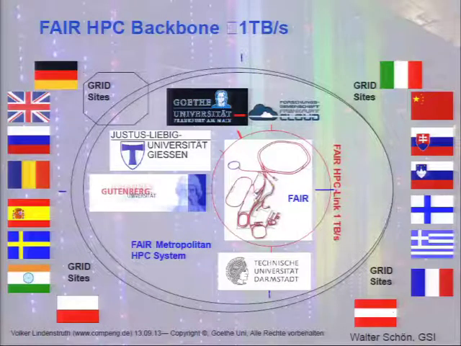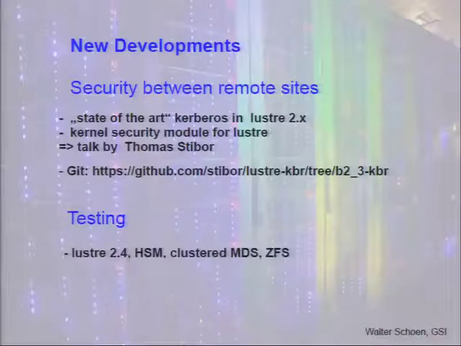And what we want to achieve in the near future is a metropolitan HPC system, which is connected to the central Lustre cluster at GSI and has Lustre clients in the area. So Gießen is about 150 kilometers away. So it will be in the 100 kilometer range for cross Lustre connections. And we want to achieve 1 terabit per second. We have already achieved 120 gigabit per second.